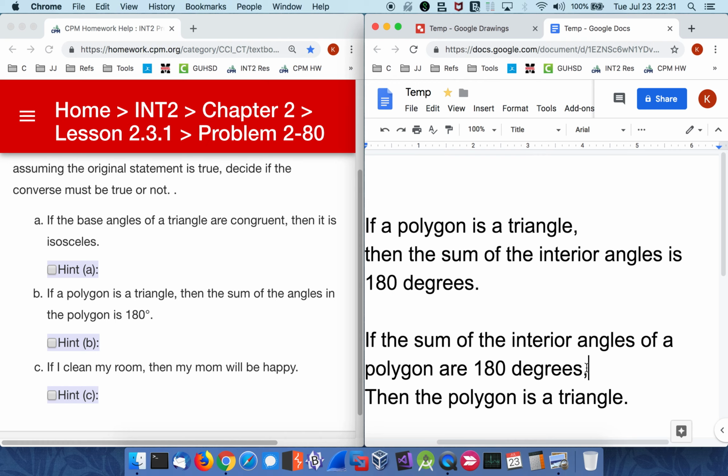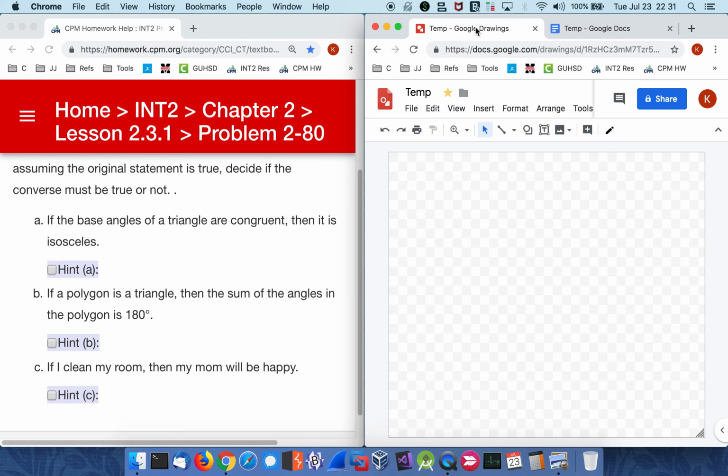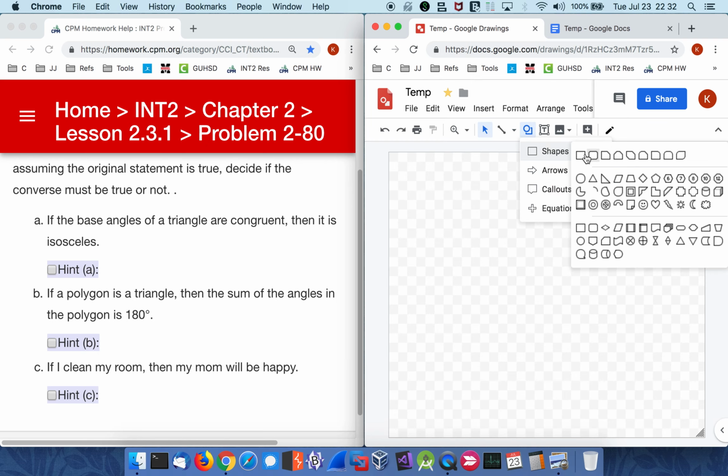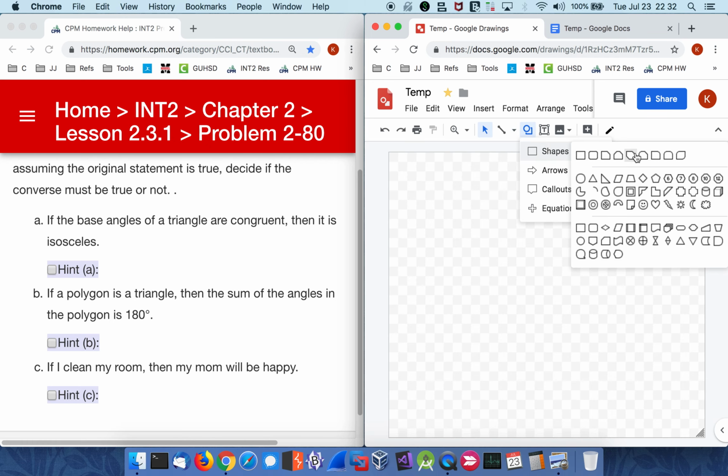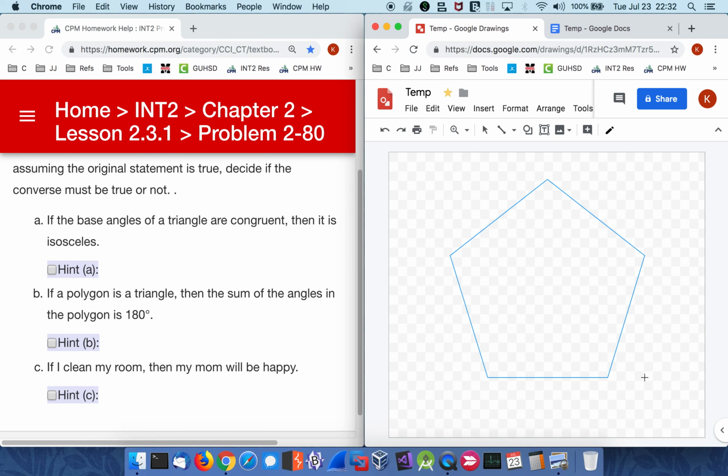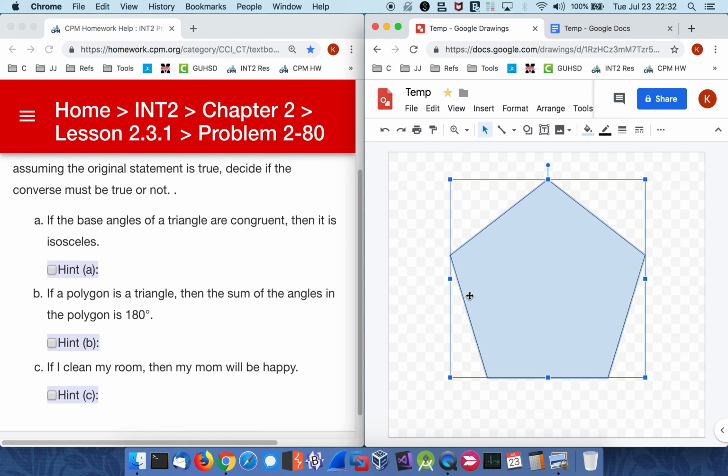Seems right. I can't think of any other shapes that have 180 degrees and are not triangles. Let's see. A triangle has 180. What does a rectangle have? 90, 90, 90, 90. That's 360. What about a pentagon? Each of those angles is bigger than 90 degrees.